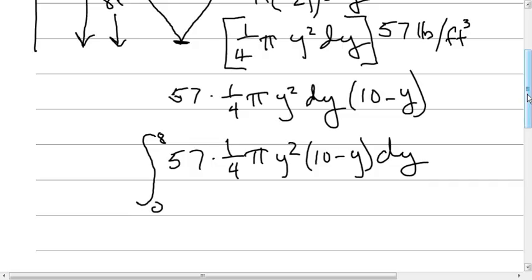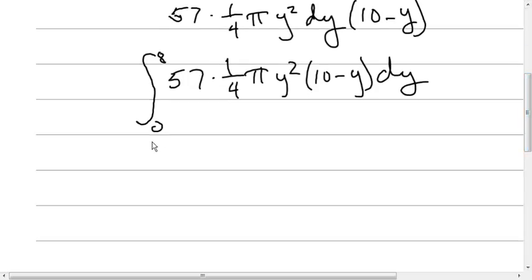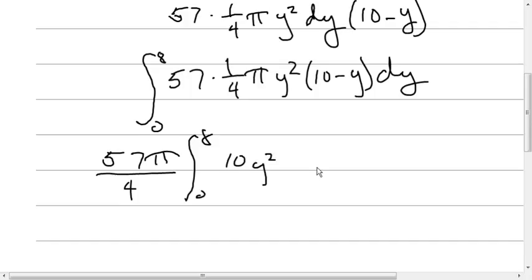Okay, so we're ready to do our integration. Let's just clean this up a little bit. What can come out? Well, 57 pi divided by 4. Certainly we don't need that in there. Integrate it from 0 to 8. Now we probably should go ahead and distribute, make this 10y squared minus y cubed dy, something like that.